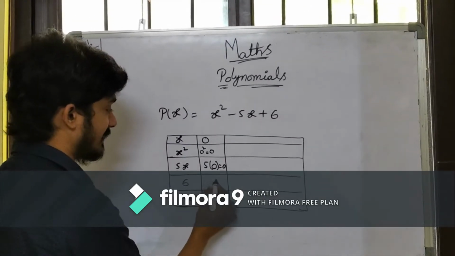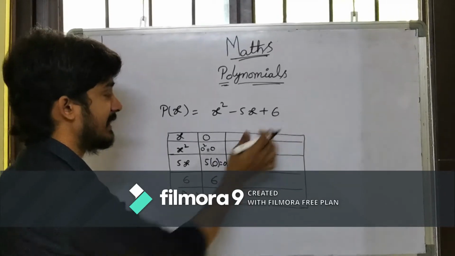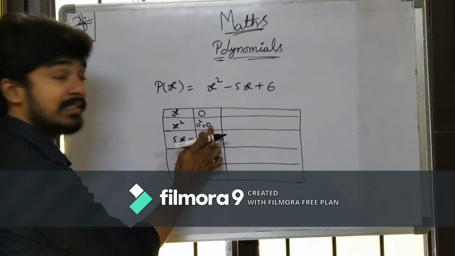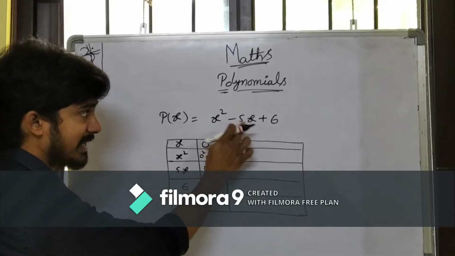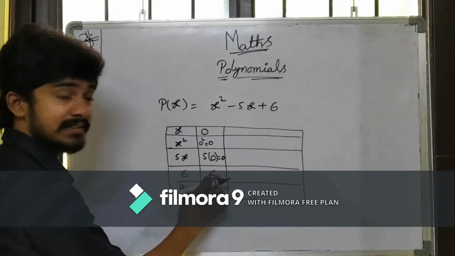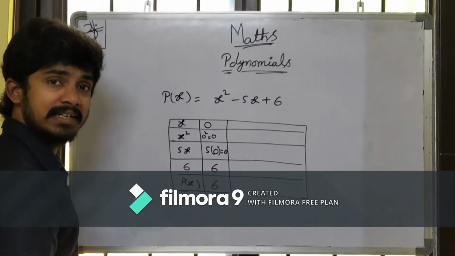Next, plus 6. P of x means x square minus 5x plus 6, that is 0 minus 0 plus 6, which is 6. So therefore p of x value is 6.